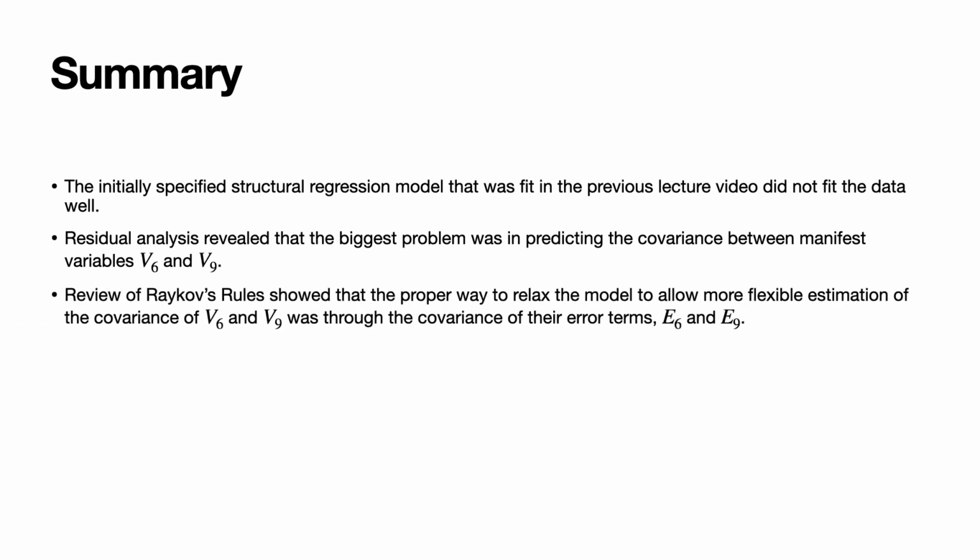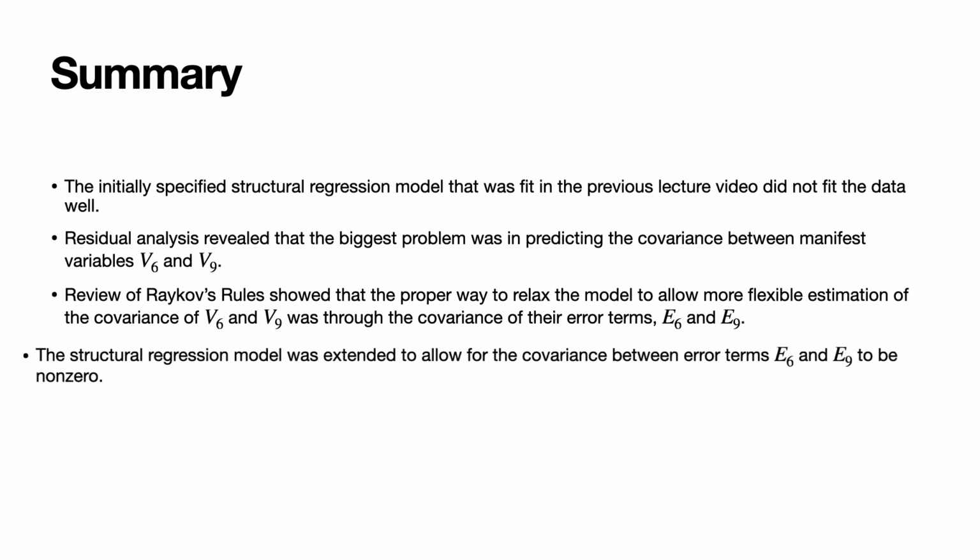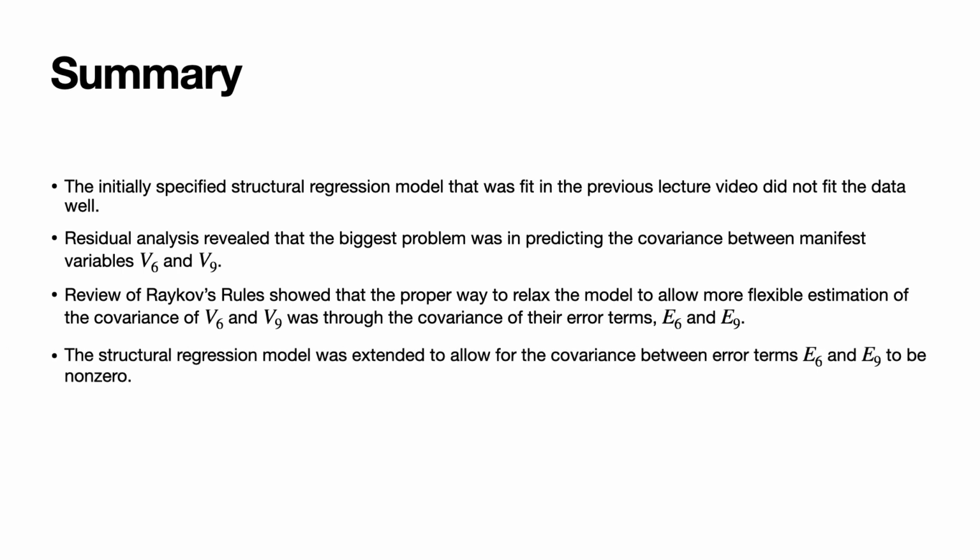Review of Raykov's rules showed that the proper way to relax the model to allow more flexible estimation of the covariance of V6 and V9 was through the covariance of their error terms E6 and E9. The structural regression model was extended to allow for the covariance between error terms E6 and E9 to be non-zero.